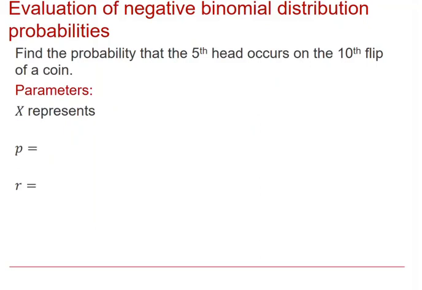So looking at a simple example here, we want to find the probability that the fifth head occurs on the 10th flip of a coin. And that means that we must have a minimum of 5 flips so that the fifth head occurs on the 10th flip of the coin. X would represent the number of flips necessary in order to obtain the fifth head.